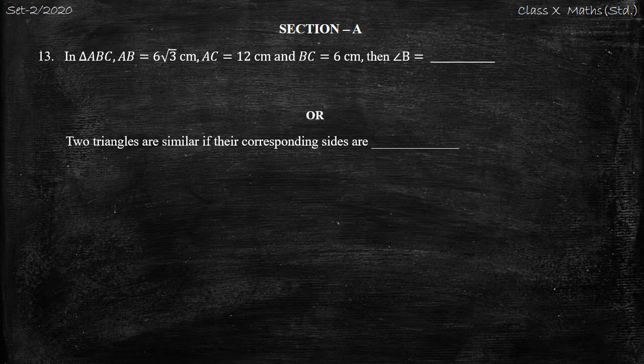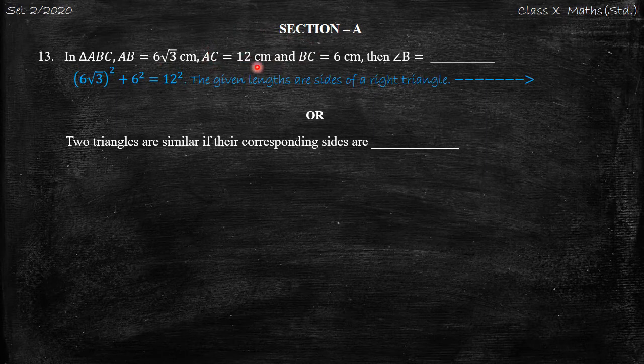Okay, next question. Here you have got a choice question also. You have to answer whichever is easier and more confident for you. In triangle ABC, AB is equal to 6 root 3, AC is 12 and BC is 6, and you need to find angle B. From the sides, you can see the square of this side plus the square of this side equals the square of the third side.